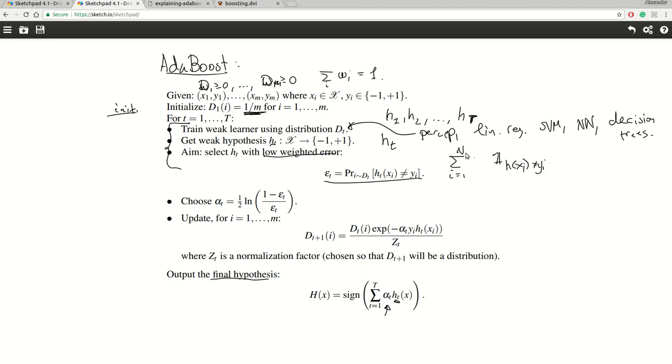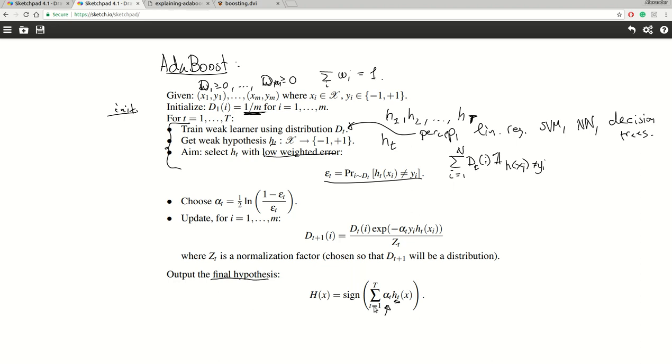They write it as D_t(i). So this is the weight of the i-th point in the t-th iteration. Normally we just wouldn't have this part, and then this could be your ensemble error rate. So now we just weigh each of the points by this distribution. Great. So now we got a hypothesis.